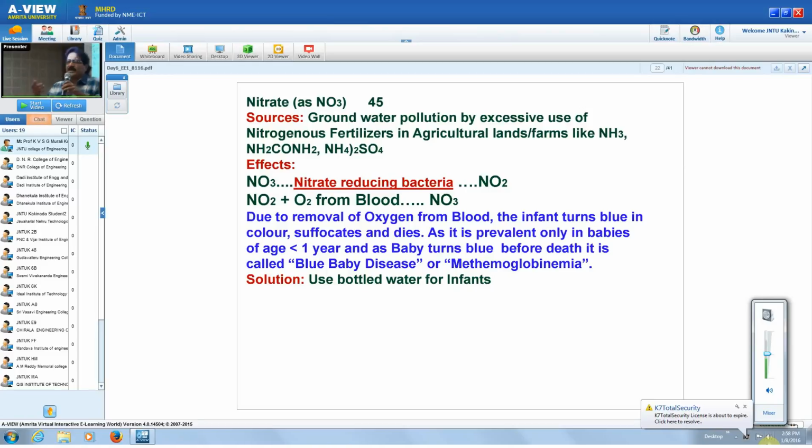So what happens is, if the baby is 3 months old or 6 months old or 8 or 9 months old, then the body resistance power does not develop immediately. It takes some time. So during that time, if the baby drinks water which contains nitrate, because the body has no resistance, the baby instantaneously suffers from oxygen deficiency, the body turns blue and the baby dies.